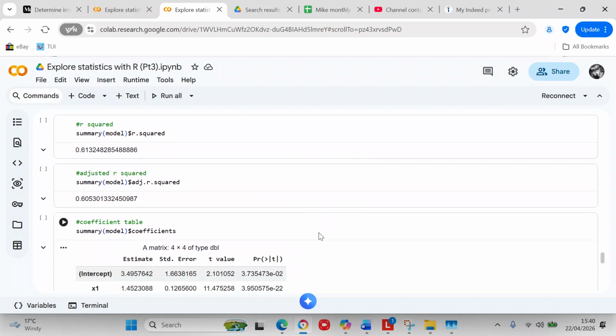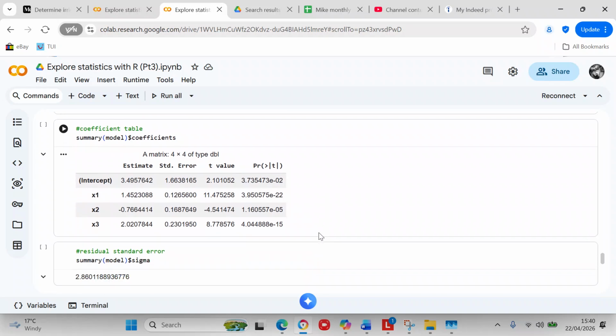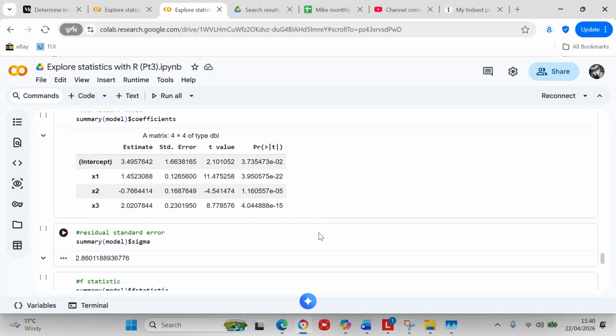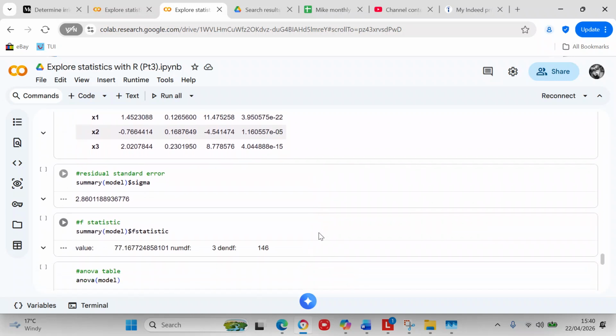You've got your adjusted R squared, which is summary brackets model $adj.r.squared, is 0.605. You've got your coefficient table, which is the summary of model $coefficients. So you've got your coefficient table as a data frame.